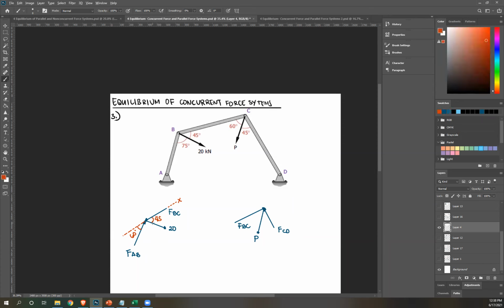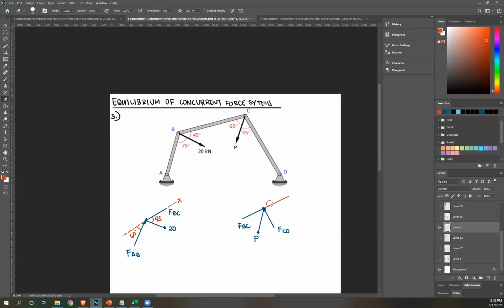And like what we did earlier, since I assumed the x-axis is this, I'm gonna encounter the same problem here. To make things easier, I'm just gonna assume FBC as the x-axis or horizontal axis again.